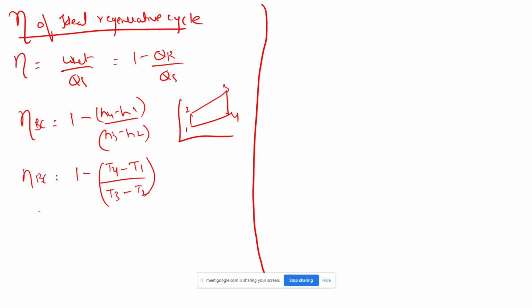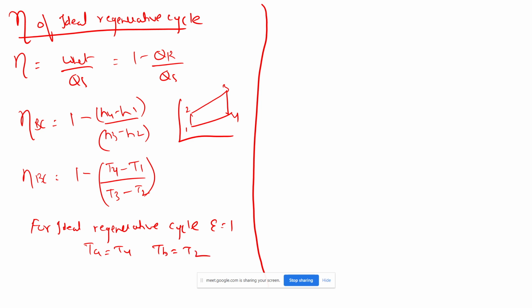Yes, sir. Okay. Now for the ideal regenerative cycle, epsilon should be 1 and Ta should be equal to T4 and Tb is equal to T2.